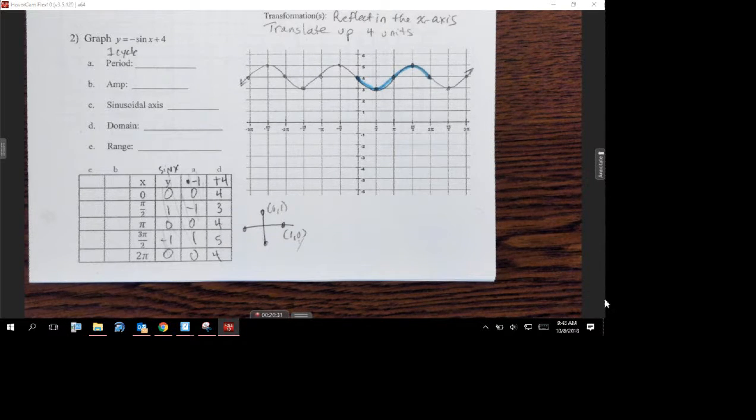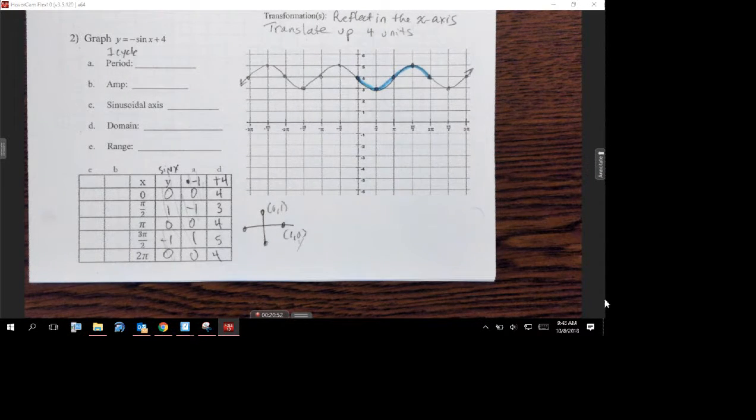Does anybody know what I'm doing transformation-wise if I do this? What kind of shrink or stretch? Horizontal shrink or stretch. Did I have a horizontal shrink or stretch here? It did not. So the period is just a normal period.